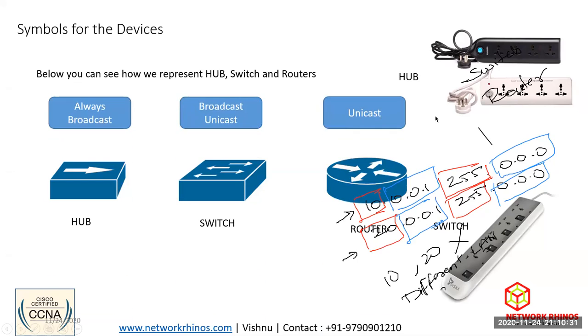I told you the difference is that router is used to connect one network to other network. Switch is used to connect one network to same network. Now, seeing an IP address only, we can tell whether these two PCs are in same network or these two devices are in different network. Using this method, you'll identify it. This is the major use of your subnet mask.